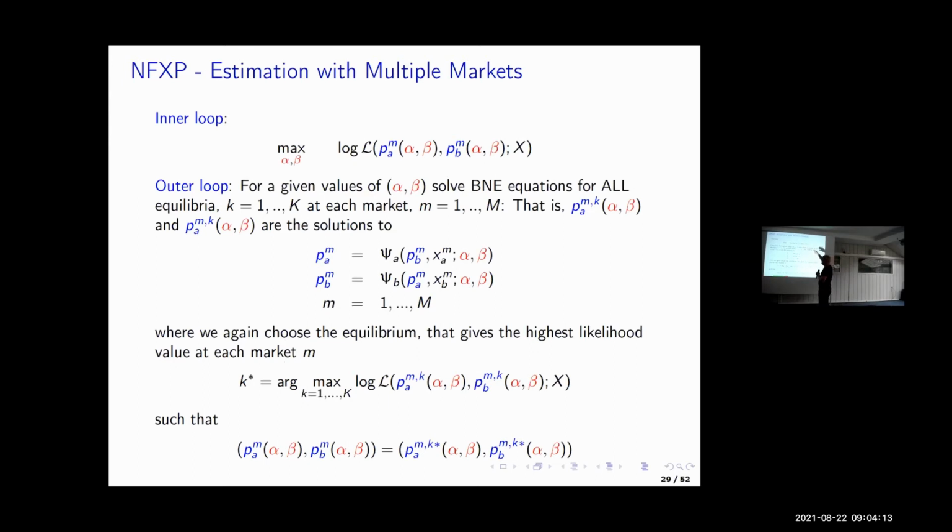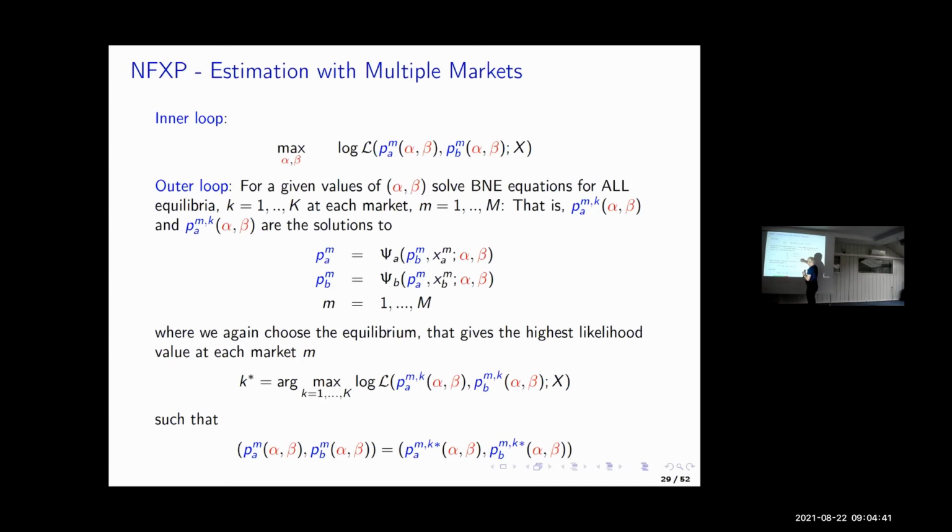I think this should be the outer loop, right? The maximization is done outside, and inside you calculate the solution of the model. Now there's just more, because there's a solution at each of the different markets, so you need to solve one for each market. There could potentially be multiple solutions, and you need to find all of them if you want to do the nested fixed point algorithm.